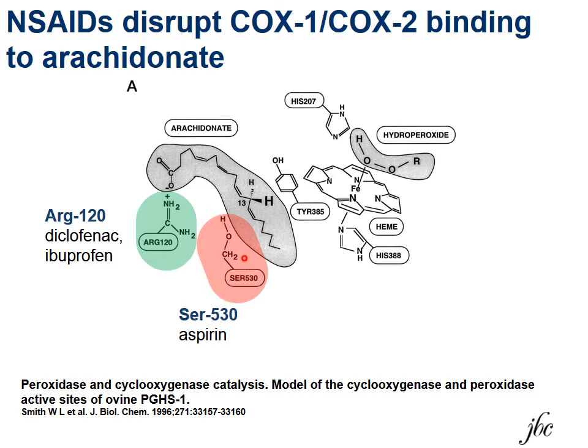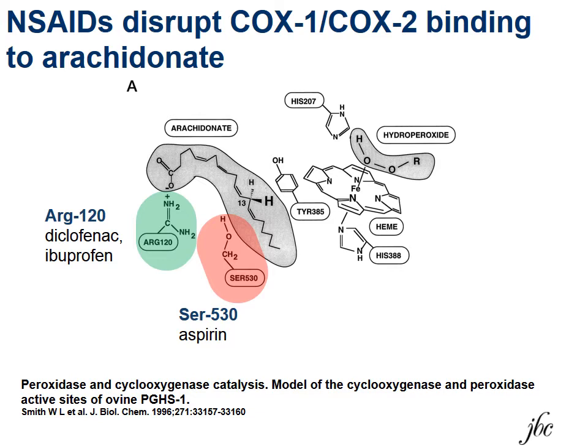Serine 530, highlighted here in red, is covalently modified by aspirin. And NSAIDs contain, in addition to this carboxylate group, as you may remember from the other lectures and case study 3, aromatic ring structures that can interact with other aromatic rings, for instance, the tyrosine residue of the COX enzymes indicated here.